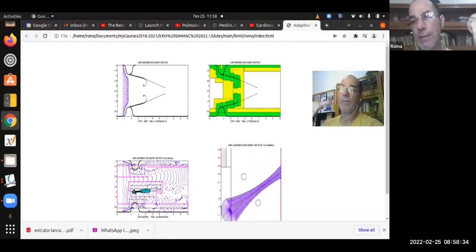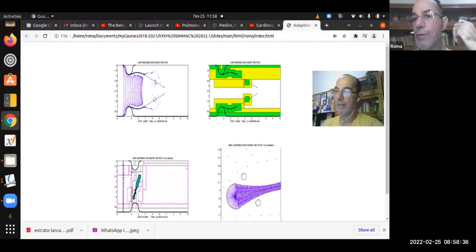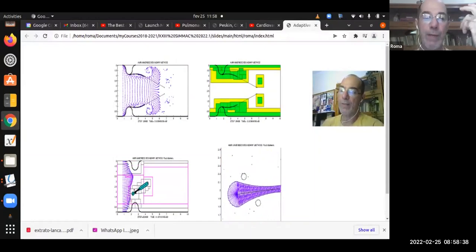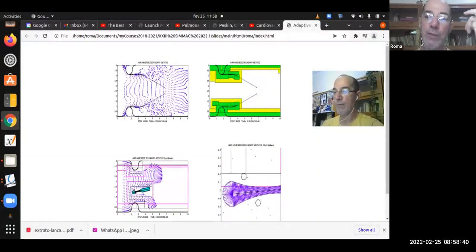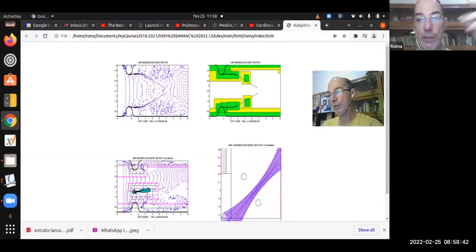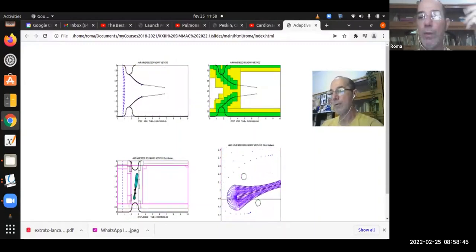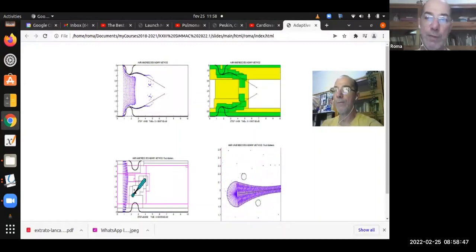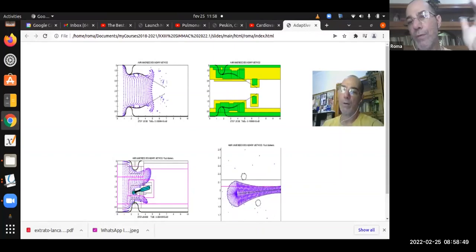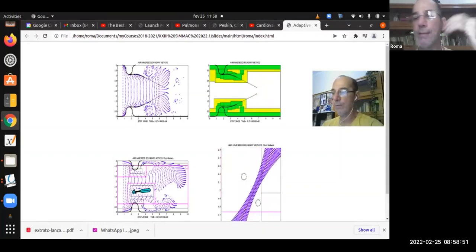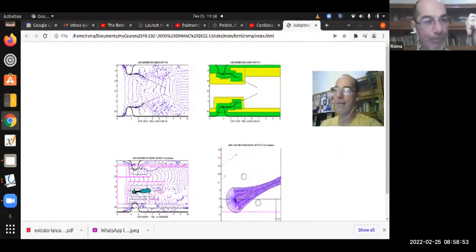So this study is exactly for this kind of observation, and you have to change the geometry of the cushions so that you will not favor the formation of vortices, or the formation of jets and things like that. Okay.